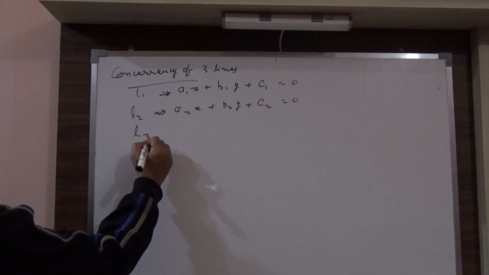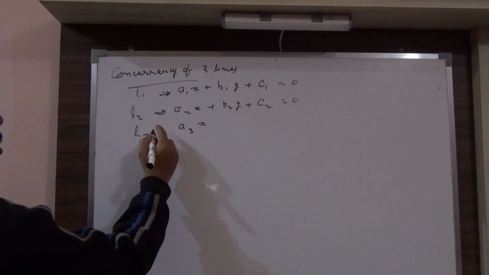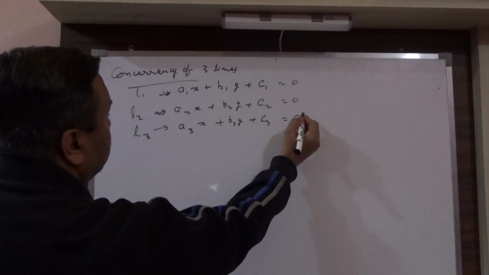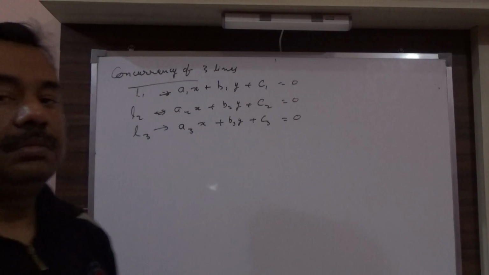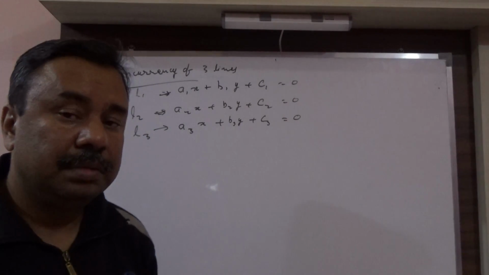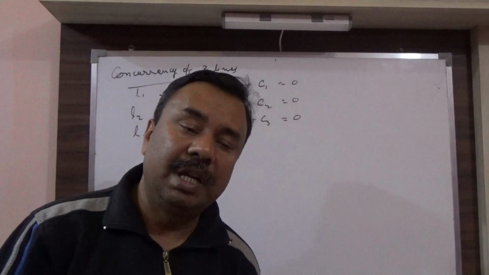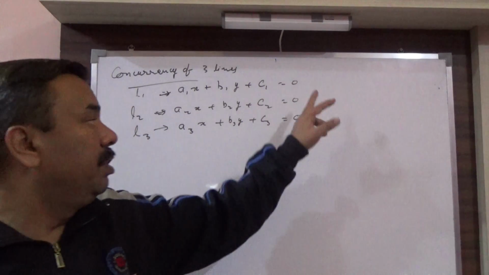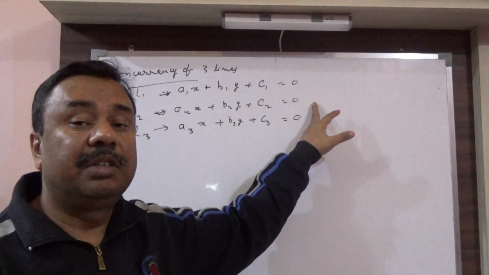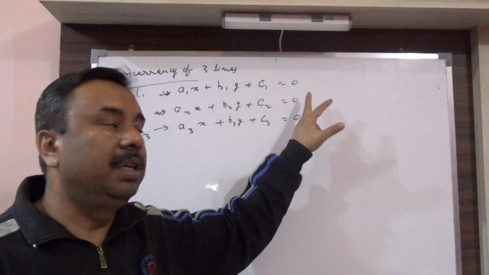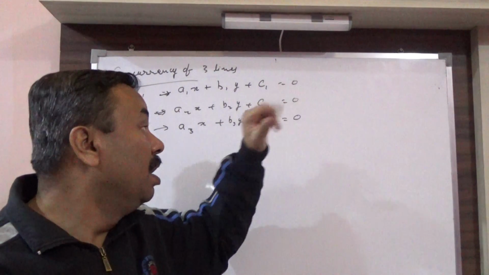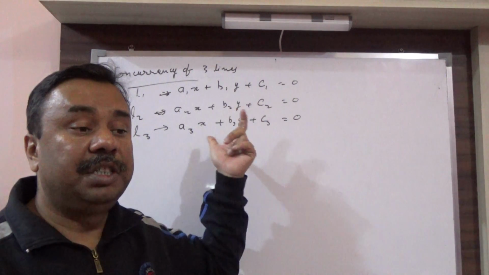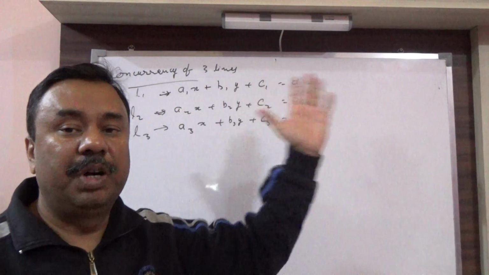And line L3 is A3x plus B3y plus C3 is equal to 0. Now what I said, all these three lines have to pass through one point. Obviously, whatever is the point of intersection of the first two lines, that point of intersection of these two lines will be satisfying the third. That point is lying on the third line also.